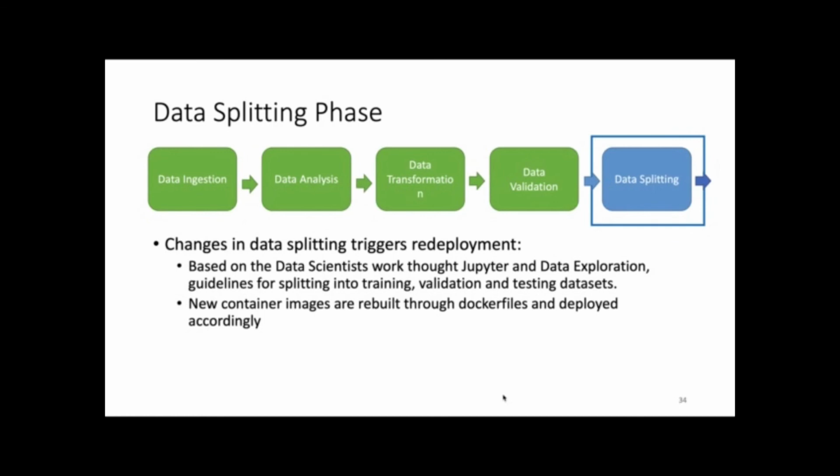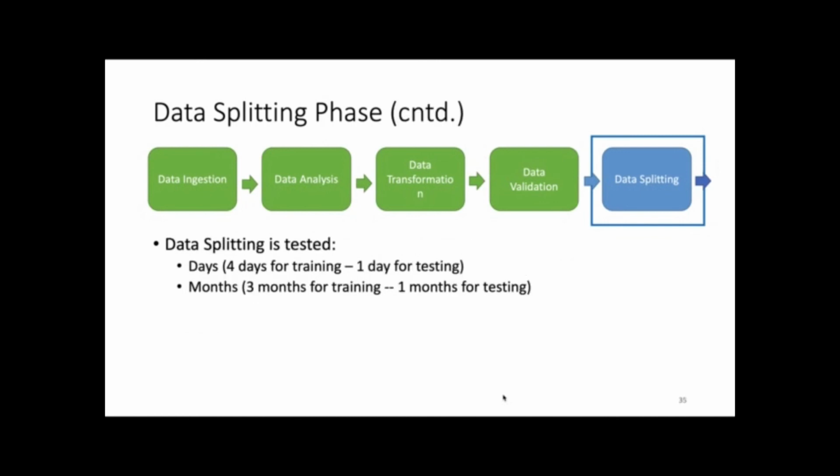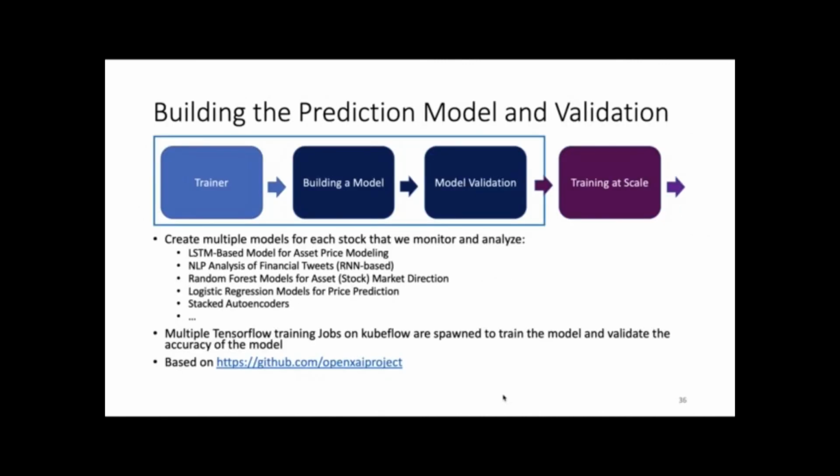Basically, the incoming data is split into training, validation, and testing data sets, and any changes in the data will re-trigger the rebuilding of the underlying components. Actual splitting is more complicated than just dividing them, but it's extremely important to try different sets of the splitting that would result in directly influencing the model as we build it.